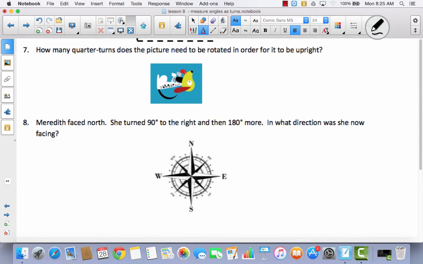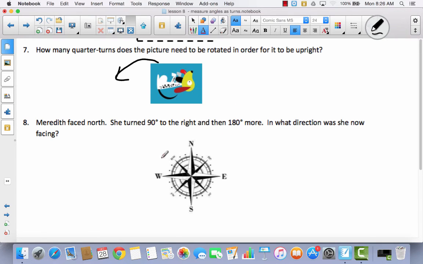All right. How many quarter turns does the picture need to be rotated in order for it to be upright? Well, depends on which way you turn it. You could have said that you could turn the page once this way, 1 quarter turn this way, and that would make it upright.